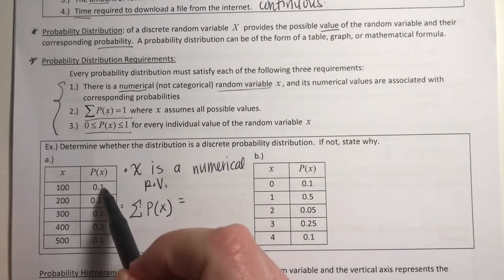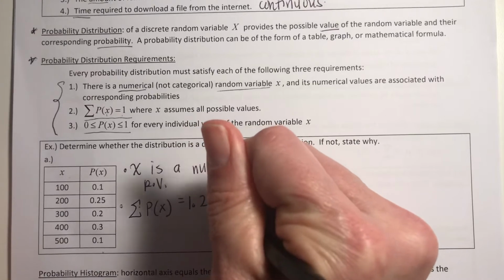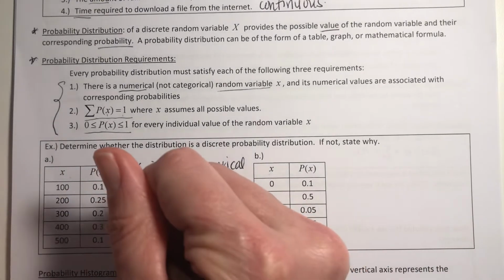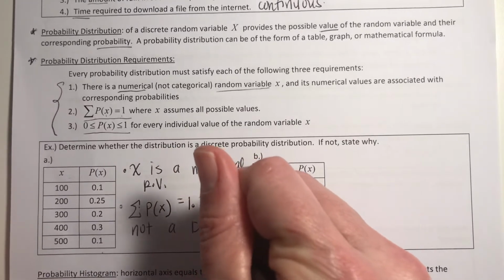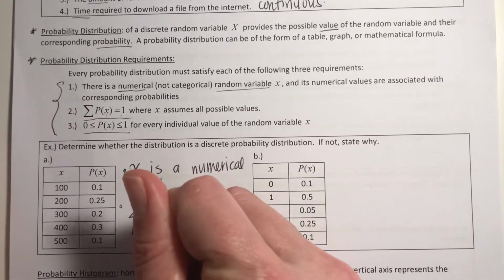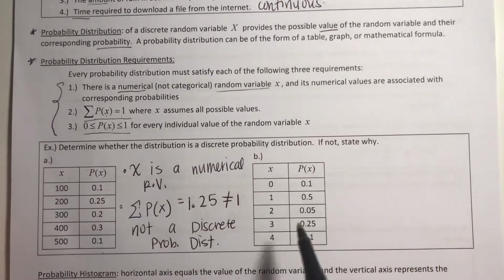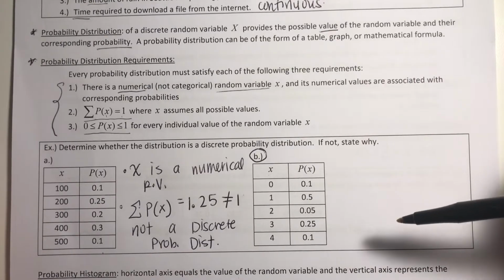When you add up these values, check it on your calculator, but we get 1.25, which is not equal to 1. Since this is not equal to 1, we can say this is not a discrete probability distribution. So go ahead and try B on your own and check the posted notes to see if you got it correct.